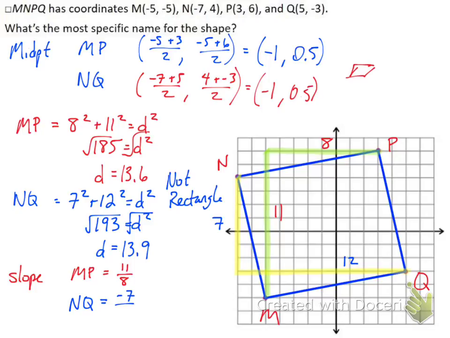So negative 7 over 12. Those aren't the same numbers, so I know they're not flipped over versions. They are opposite of each other, but they're not reciprocals of each other. So I know that it's not a rhombus. So not a rhombus, not a rectangle. So I know the best way to describe this shape is a parallelogram.